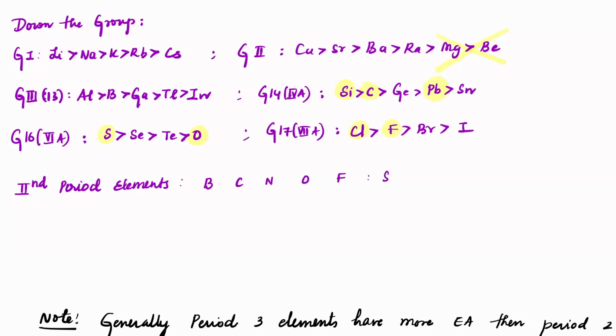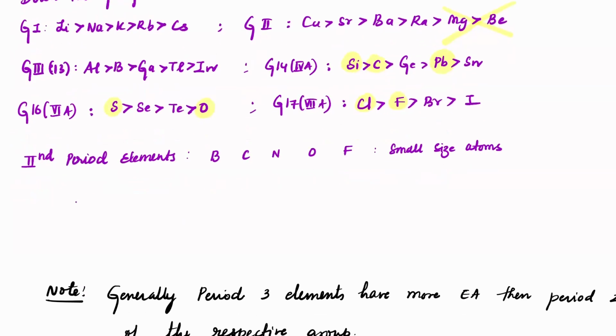Now these are small size atoms. Since they are small size atoms, for example, if you have something like fluorine, in the first orbit it will have two electrons. In the second orbit, it is supposed to have seven electrons. Three, four, five, six, seven. So we have seven electrons.